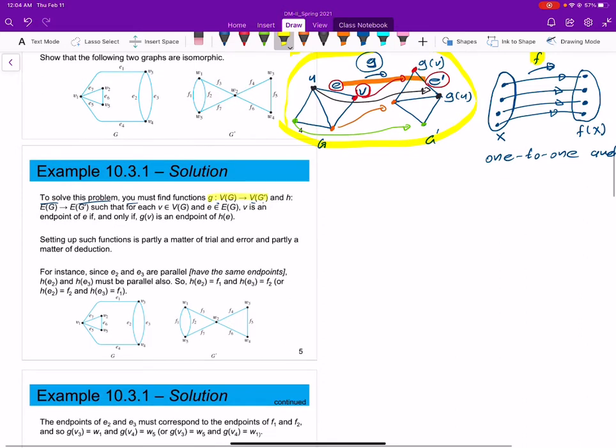So this is the function you have to find. I will tell how to find that function later. That is the mapping for vertices. And then you have to do the same thing for edges. That is the function for edges.